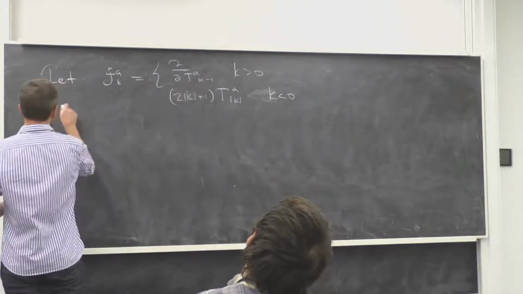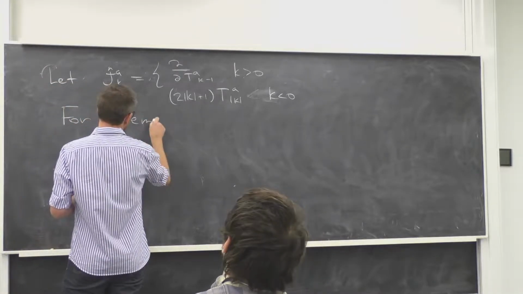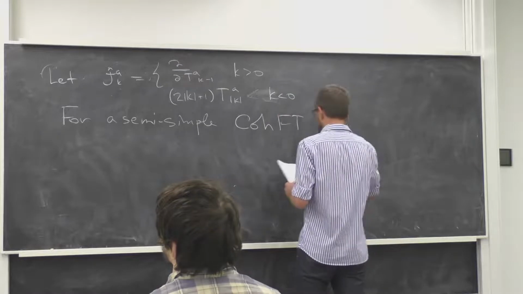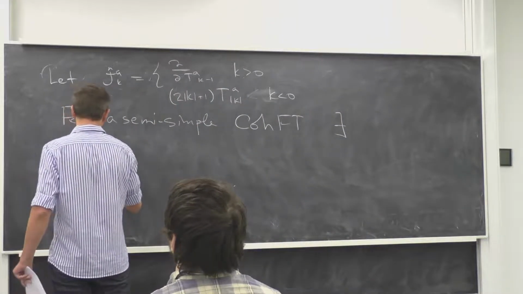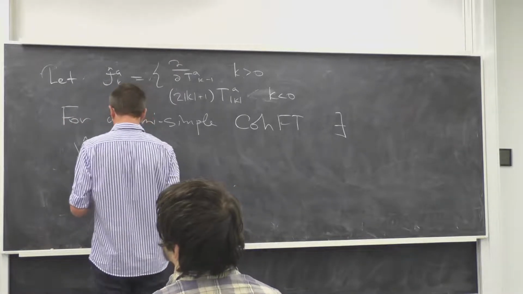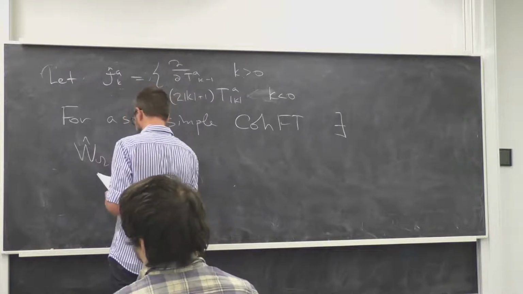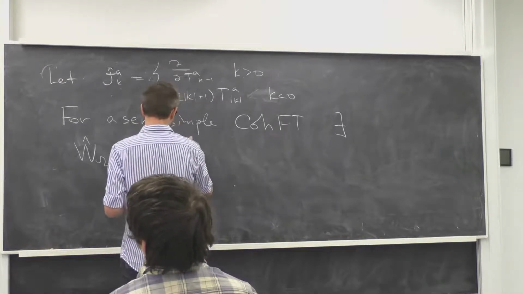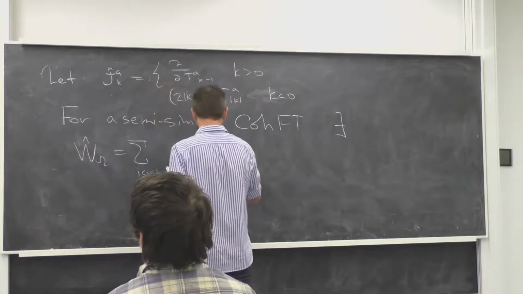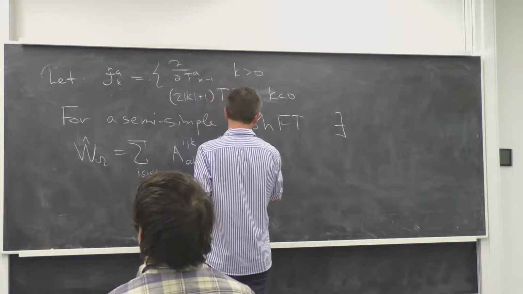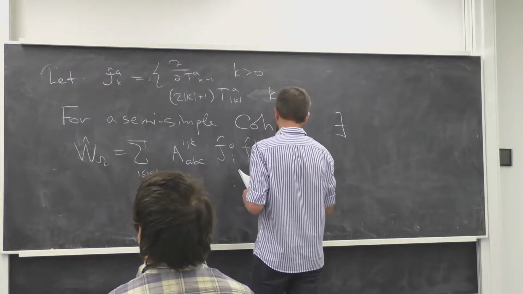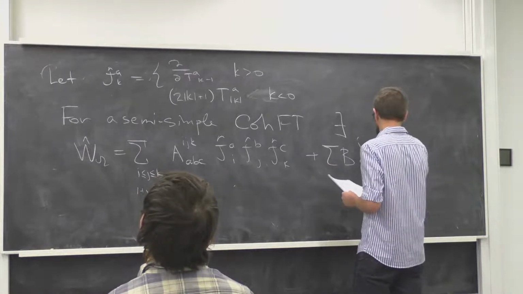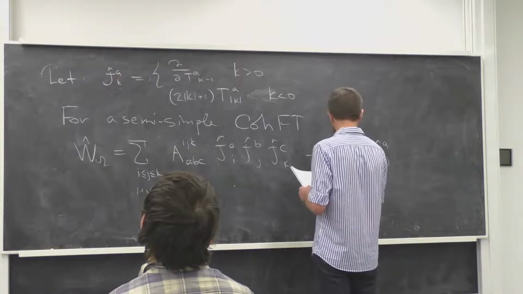Then for semi-simple theories, this operator W omega is the sum over i plus j plus k, positive, with some coefficients a i,j,k, a,b,c.